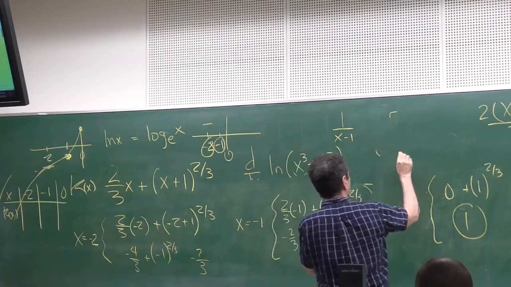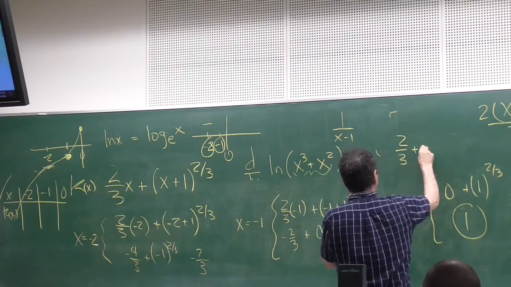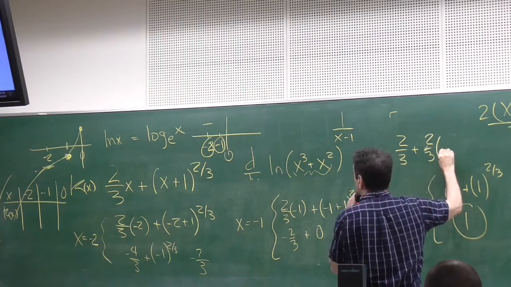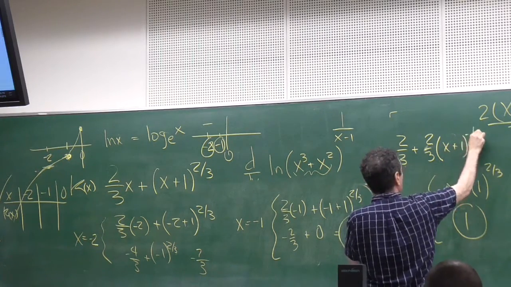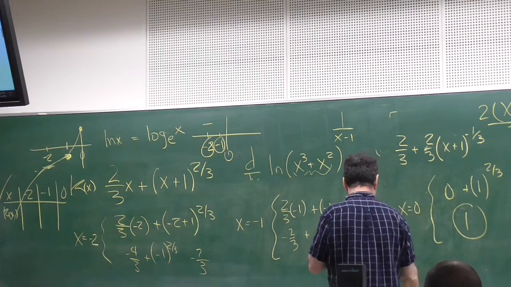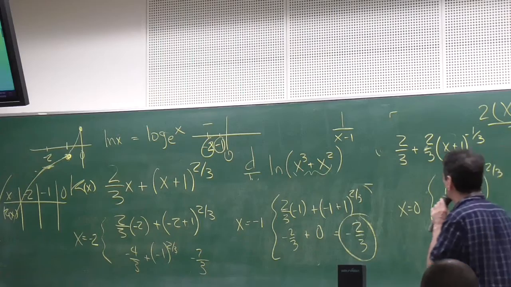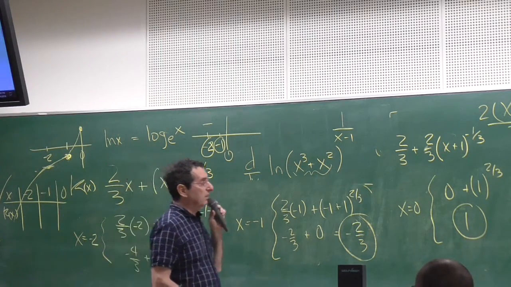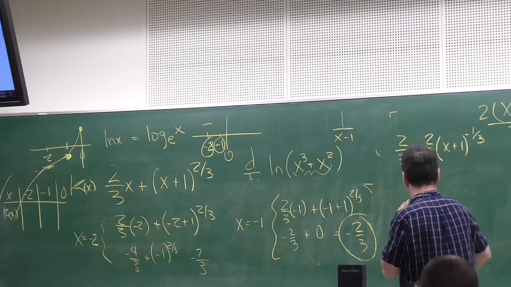So what's the derivative? 2/3 plus 2/3 times x plus 1 to the negative 1/3. So, now what? So the derivative does not exist at negative 1.